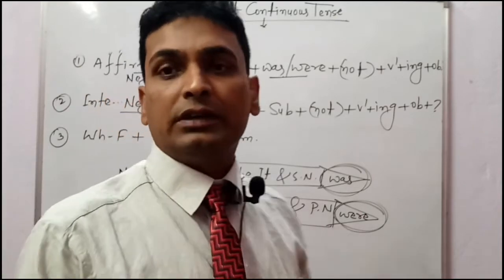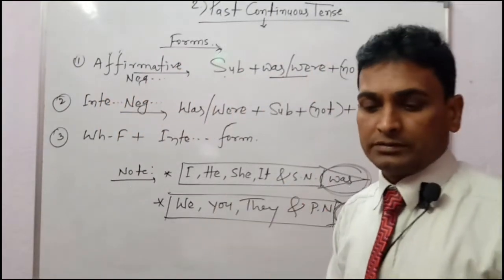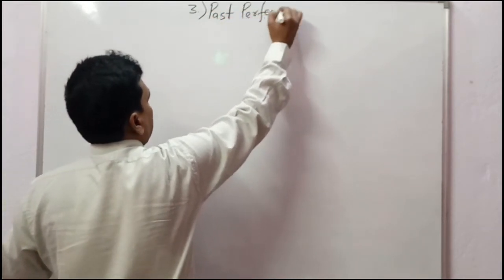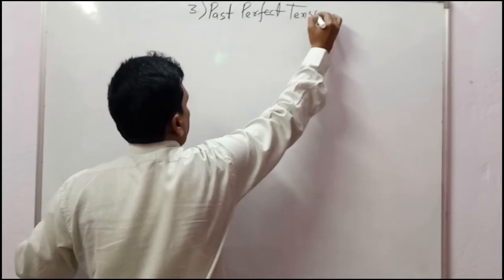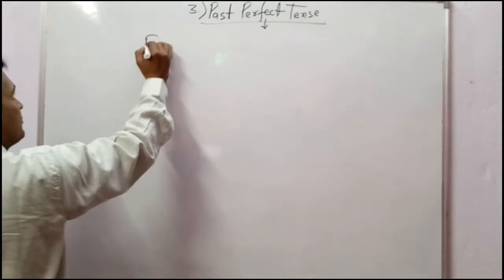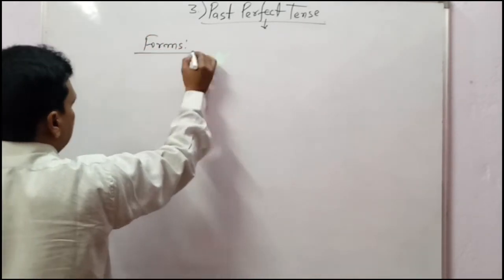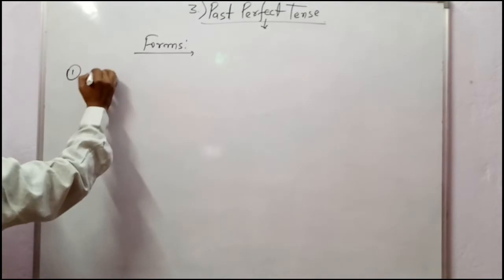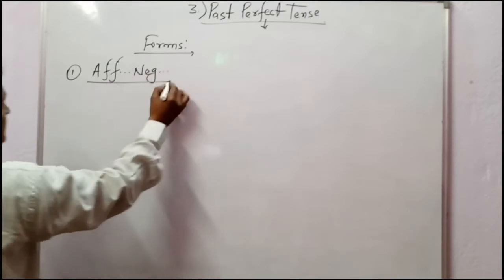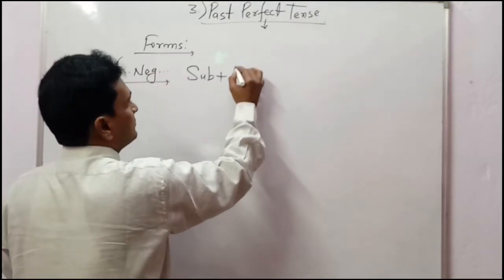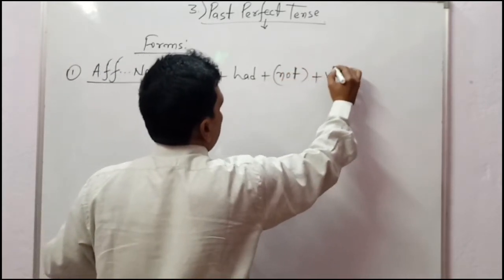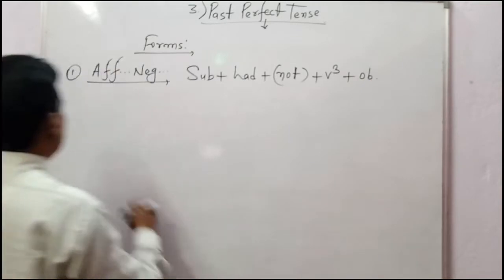Now let's move to the third one, that is past perfect tense. So, let's learn its forms. The first one is affirmative and negative. Subject plus had plus under bracket not plus v3 plus object.